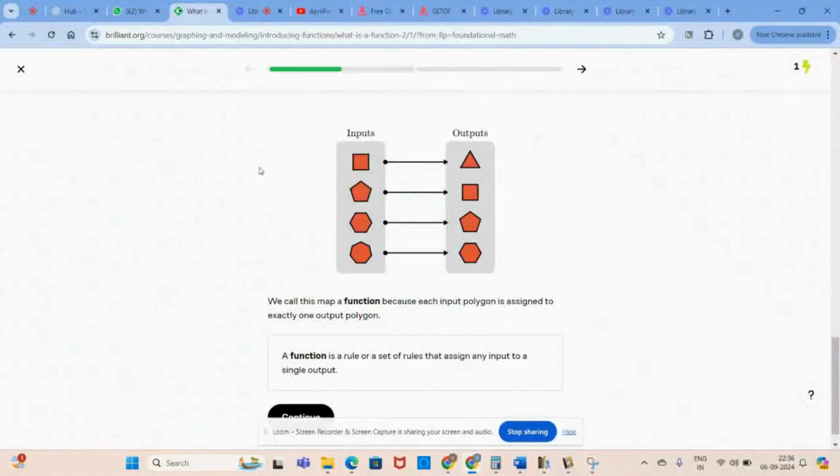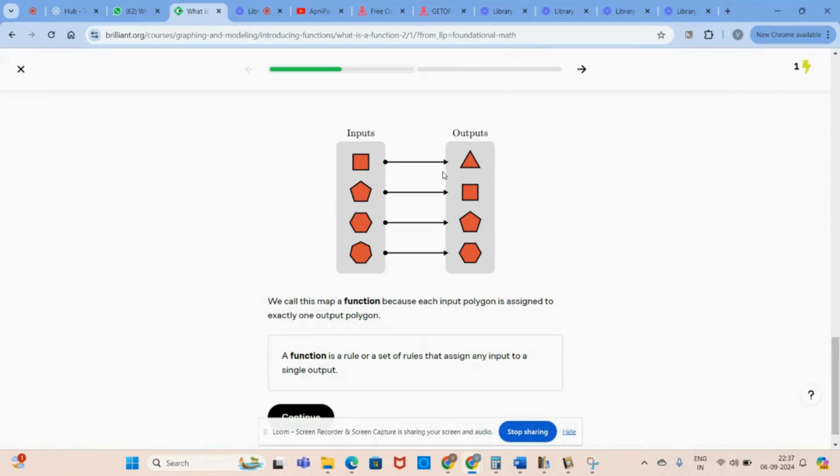Hello, everybody. So we can see here the two groups again, the inputs and the outputs. And if you recall, the mapping was that each element in the input group is mapped to an element of the output group. And the rule here was that all the inputs you see here were just shapes, or we can say polygons of different sides.